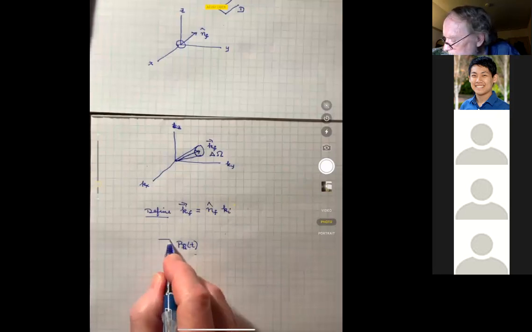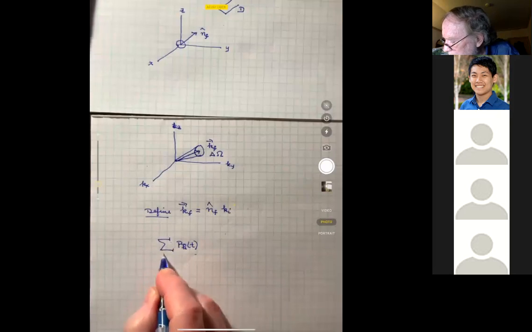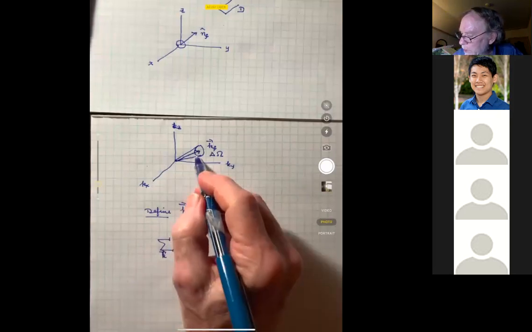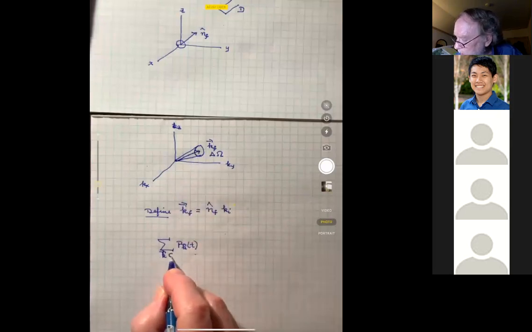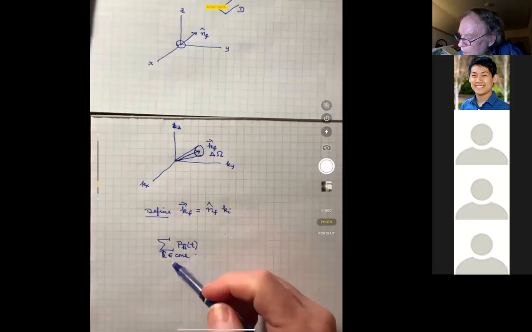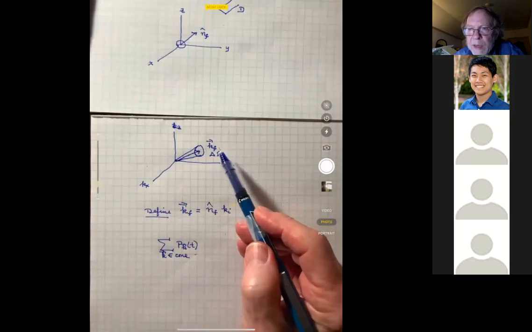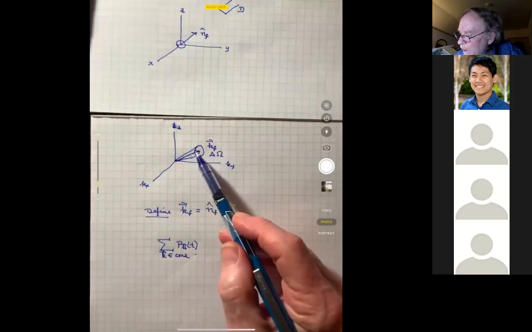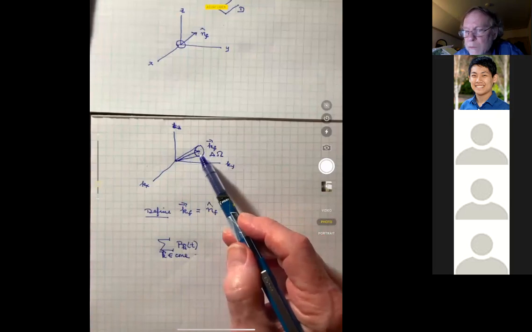Instead, what we want to do is to sum over k values to get the interesting probabilities. And what k values do we sum over? Well, an interesting choice is to sum over k values that are inside the cone, like so. Because if we do that, then what we've got is a probability that the outgoing wave, the scattered wave, is moving in a k direction which is inside the cone.